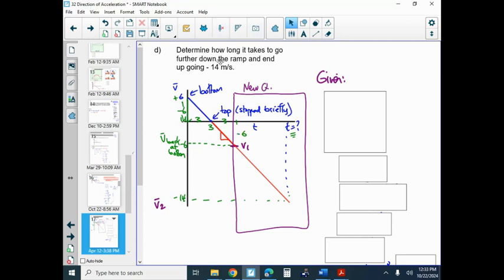Or if this had said, how much longer does it take to end up going, whatever, however you interpret it, right? But picture our given information now is I've got a v1, an initial velocity of -6, and then I want a final velocity of -14, and I've got an acceleration of -2. So now in this question, we're actually doing the math for a question where we've got a negative velocity and a negative acceleration. So they're both in the same direction, and it's causing it to speed up.